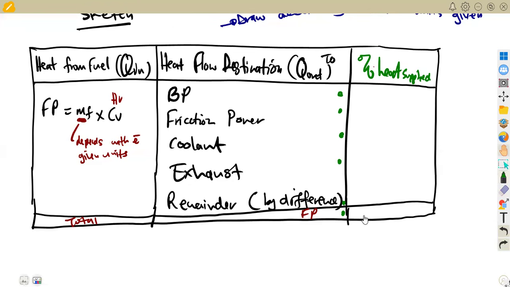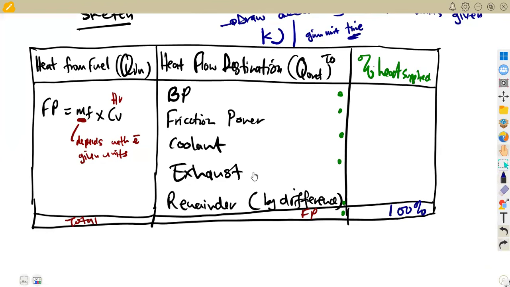The units are simply kilojoules per given unit of time. Is it per second? Is it per minute? Is it per hour? That is what you are given. The percentages must definitely add up to 100% if we add up everything.